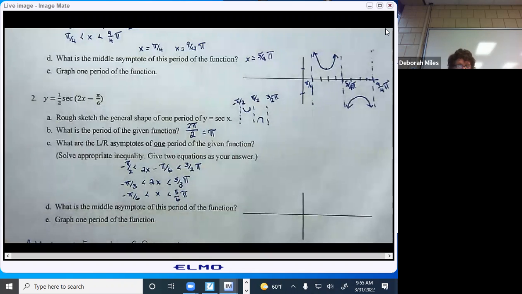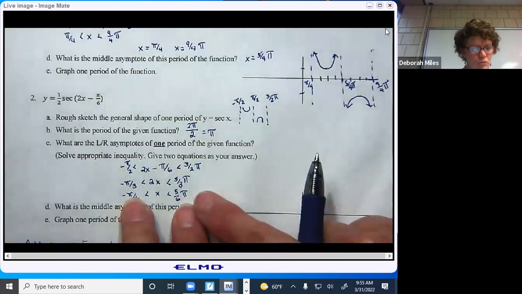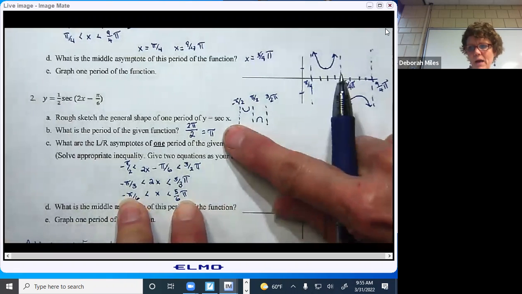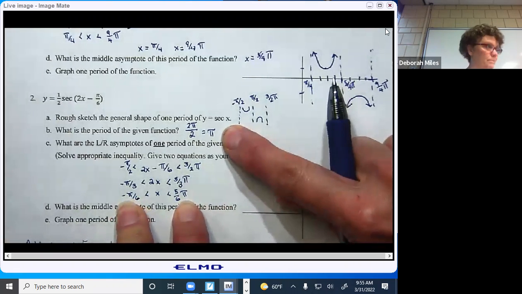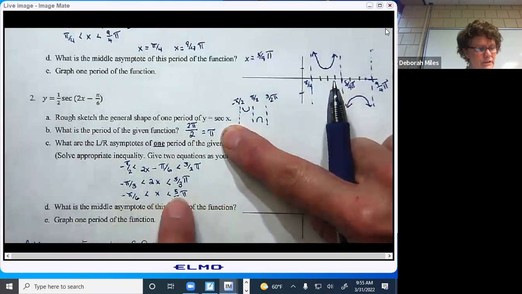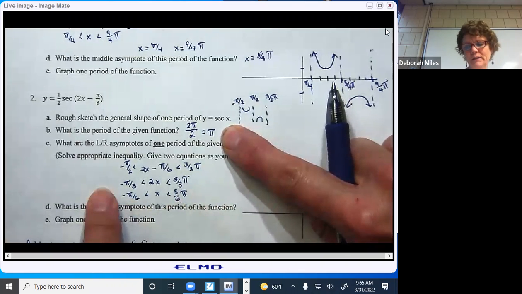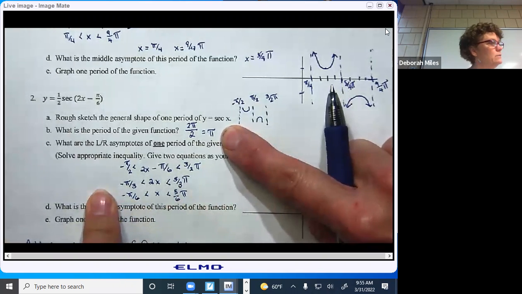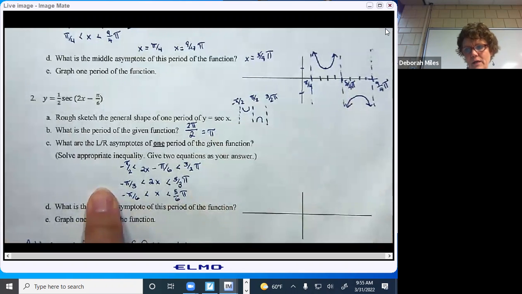And here's the big check to make sure I solved correctly. Is that really a distance of 1 pi unit? Yep. 5/6 minus negative 1/6 is 1. 1 pi unit is the period. All right.